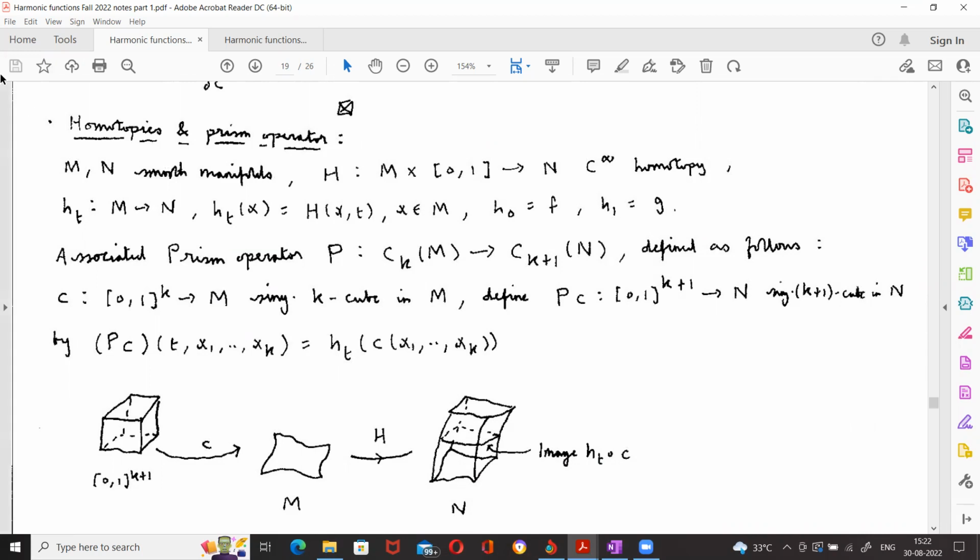So we have the following. Suppose M and N are smooth manifolds, and I have a homotopy H. That means a map from M cross the interval [0, 1] into N. And suppose this is a smooth homotopy.